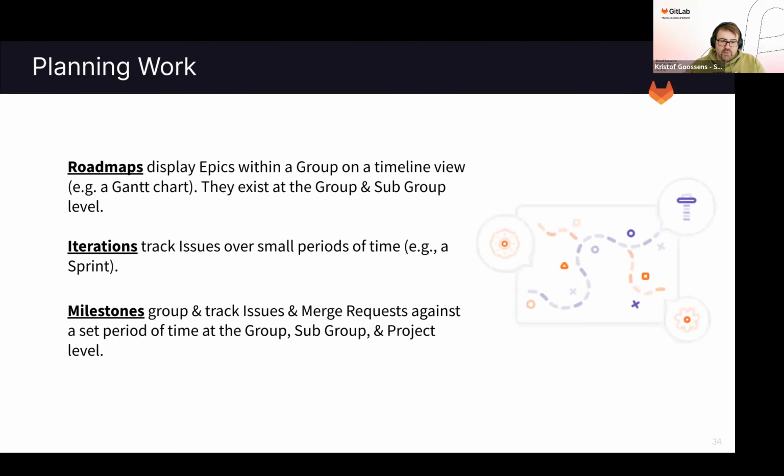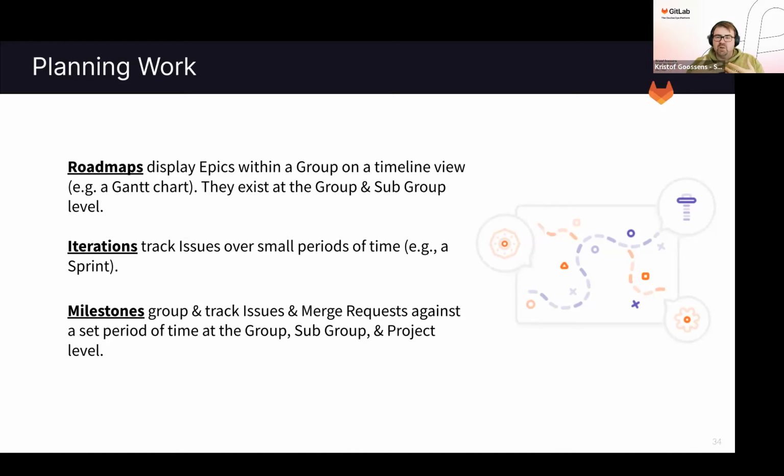Then we are going to plan work. So we're building out roadmaps, and roadmaps are automatically built out based on information coming from the groups and the epics. So an epic is always going to be created on a group level, because it's logical to have it there.